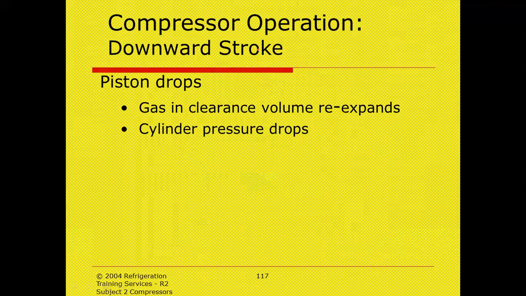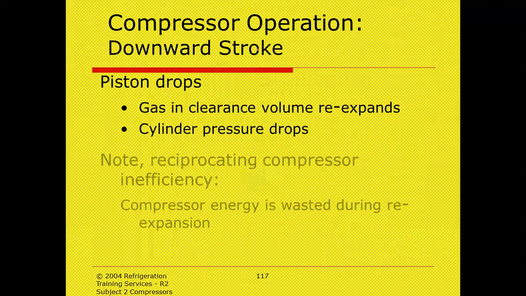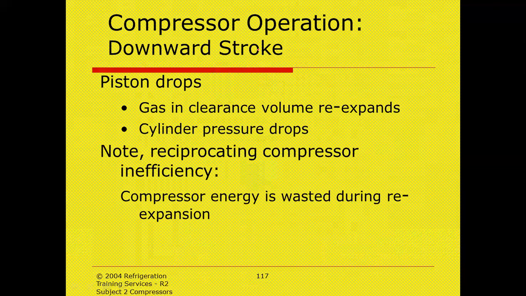When the piston again drops, the gas in the clearance volume re-expands. So in the figure, the gases in the clearance volume expand and the cylinder pressure drops. Therefore the reciprocating compressor efficiency is reduced. The compressor energy is wasted during the re-expansion process.